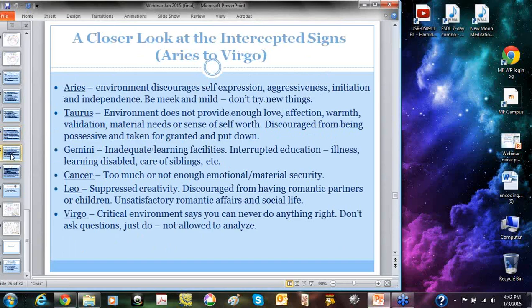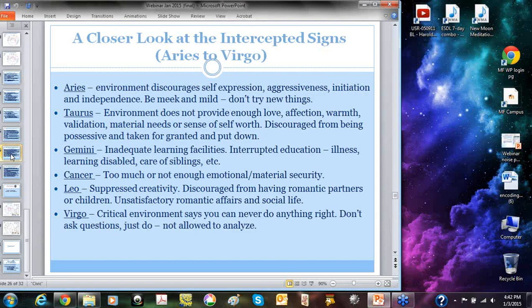And this is the part that you want to pay a little bit more attention to. If you do have a sign that is intercepted, what is being inhibited, what is being restricted, and what is being held back in its expression? So we know that Aries is all about initiating new.